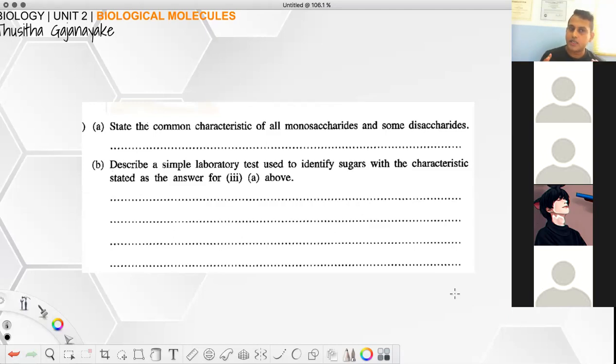Now let's consider glucose. Where can we see glucose? If we visit hospitals and the person is not taking food for a long time due to vomiting, and when he takes food by mouth the patient vomits, then it's very difficult to give food through the mouth.